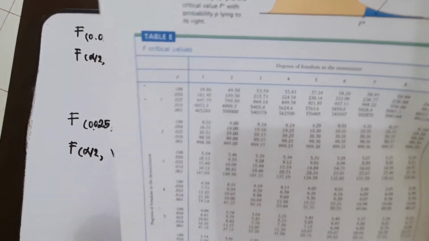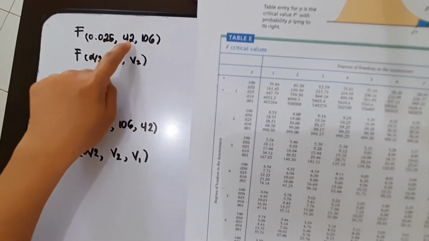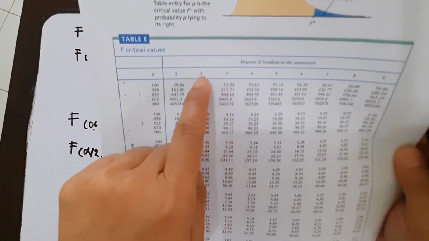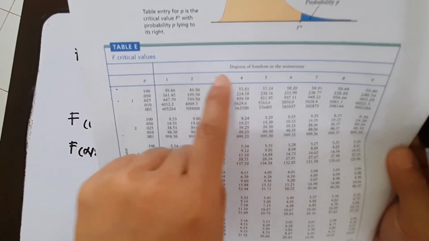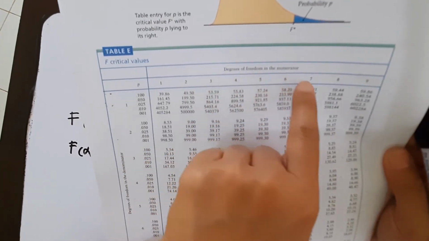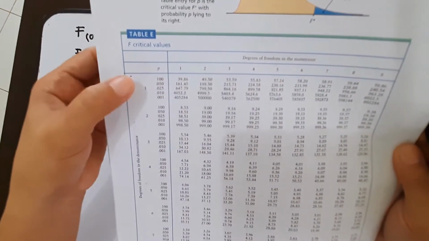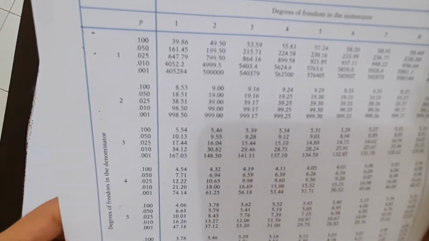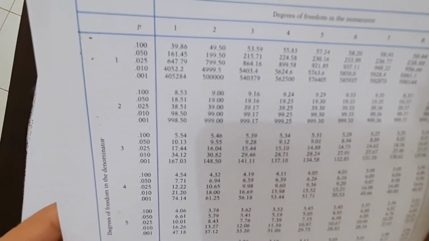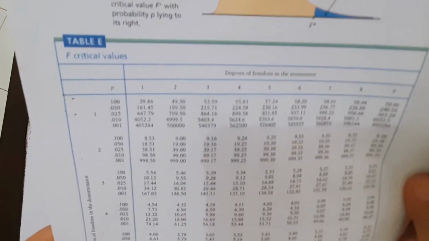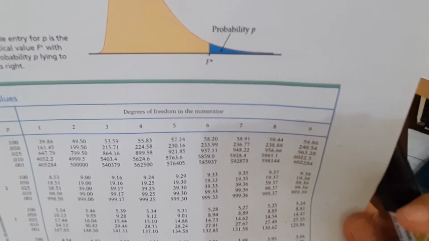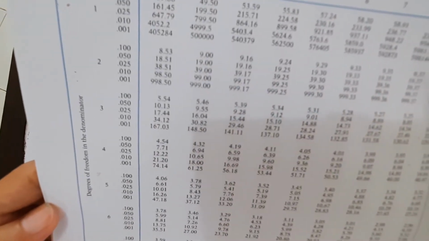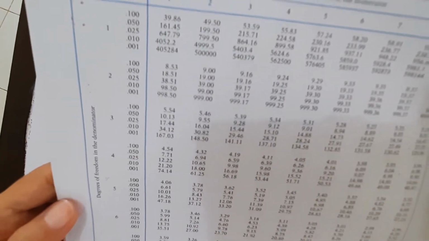And then since we have a numerator of 42, we'll look for 42 here. This is the degrees of freedom of the numerator, and this side here is the degrees of freedom of the denominator. So this is for the numerator, the one on top, and on this side is the denominator.